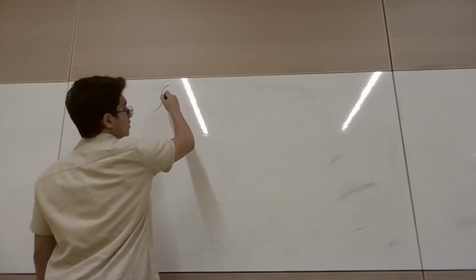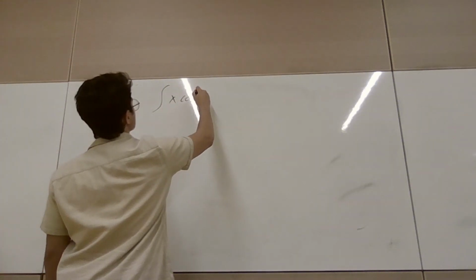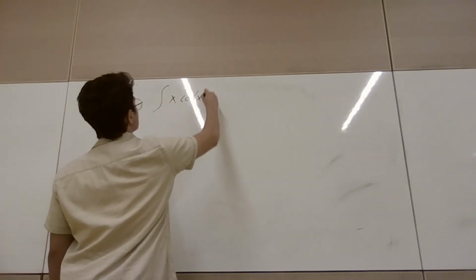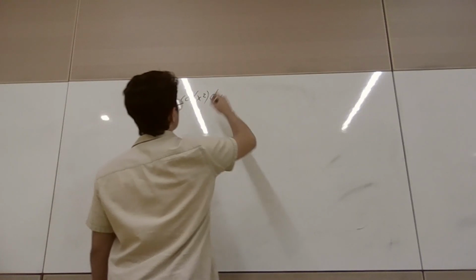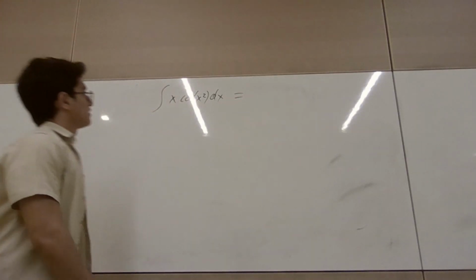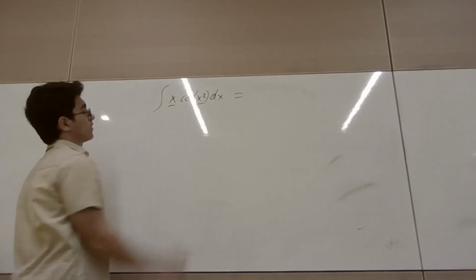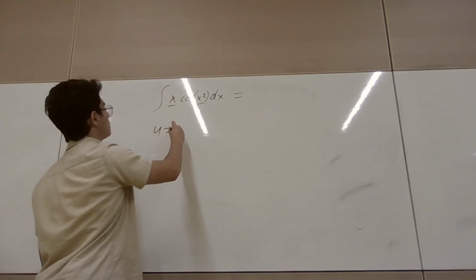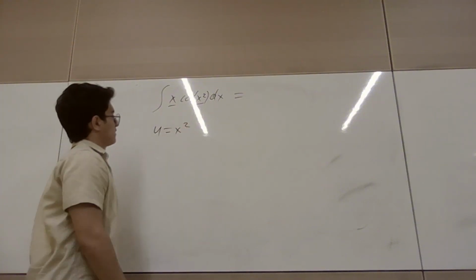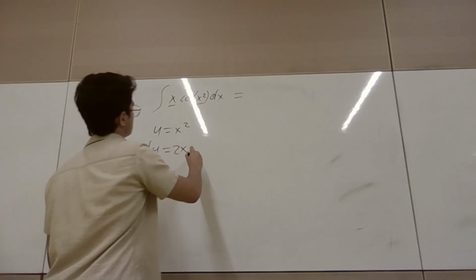So our first example is the integral of x cosine x squared dx. How can we find this? We see that the derivative of x squared is 2x. So we can say u equals x squared, and then du is 2x dx.